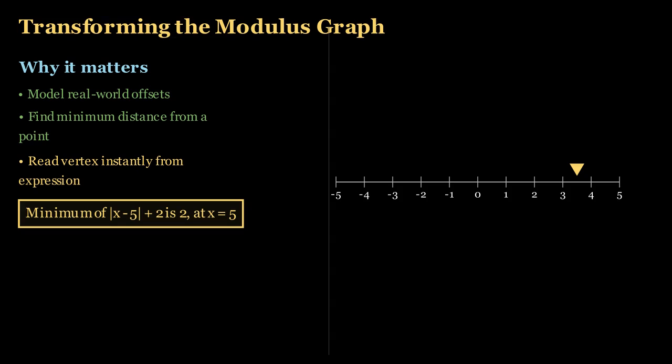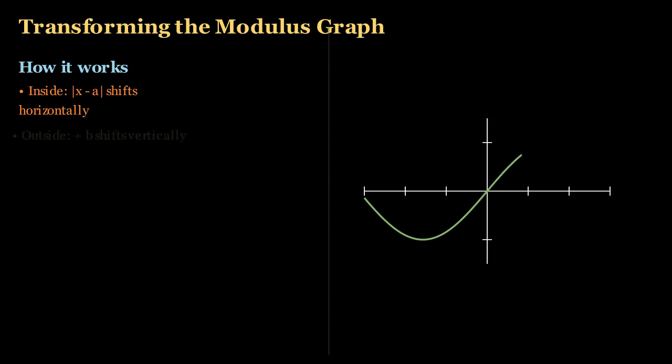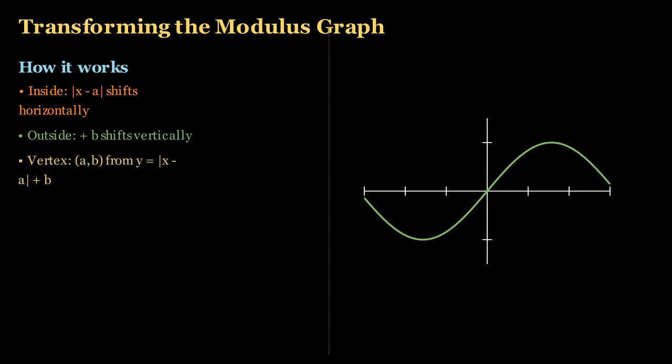Let's build this from the parent graph y equals |x|, which you already know. When we replace x with x minus a inside the absolute value, the graph shifts horizontally. But here's the trick: it shifts to the right when a is positive, which feels opposite to what you might expect. Think of it as the graph chasing the value that makes the inside 0. The expression |x - 3| becomes 0 when x equals 3, so the vertex moves to x equals 3.